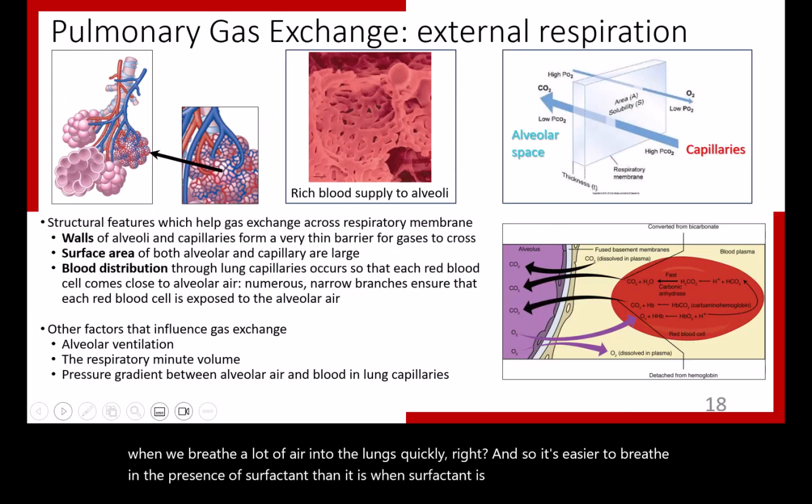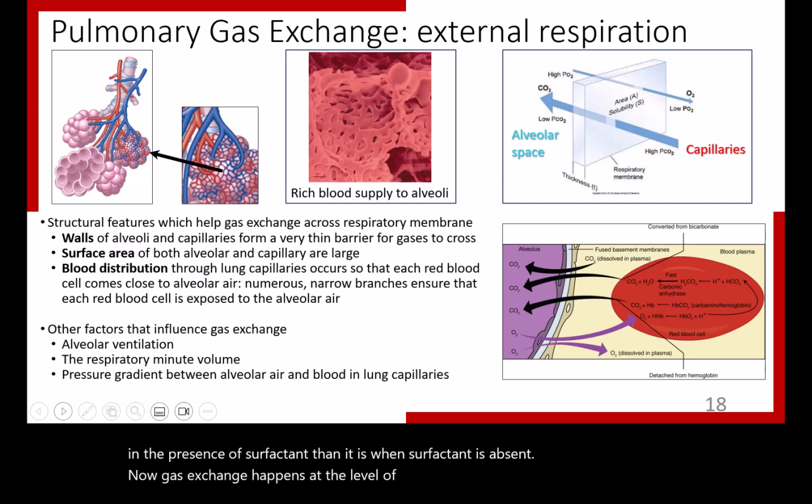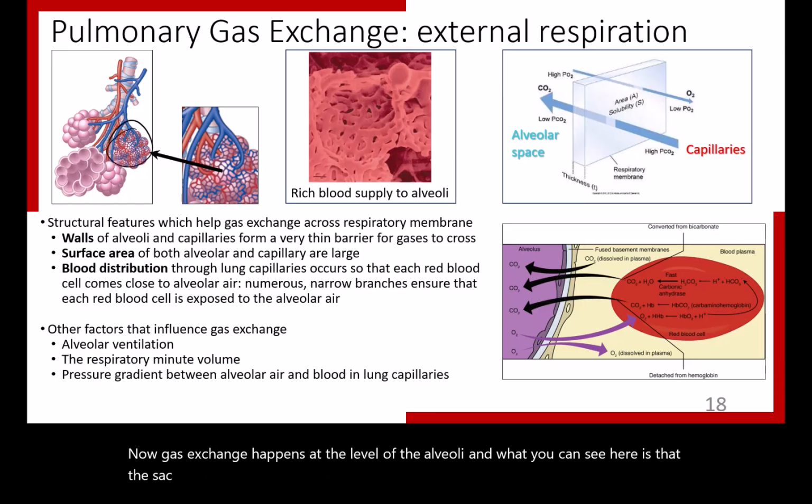Now, gas exchange happens at the level of the alveoli. And what you can see here is that the sac of alveoli contains a lot of pulmonary capillaries and is fed by the pulmonary arteries, right?